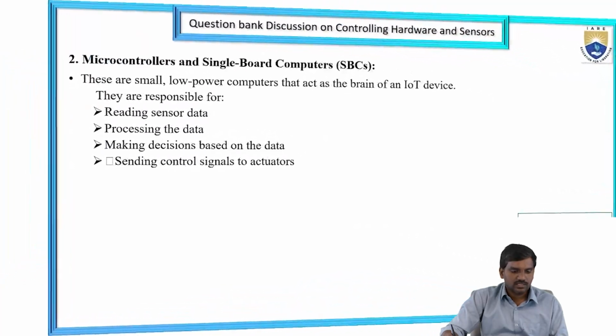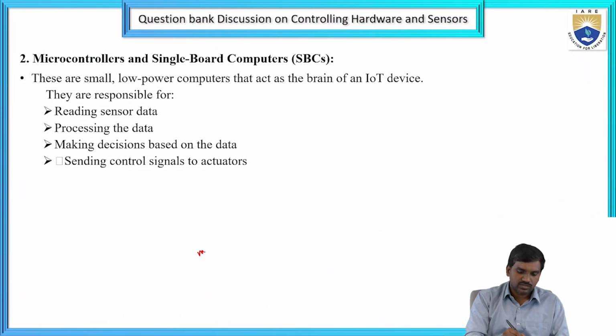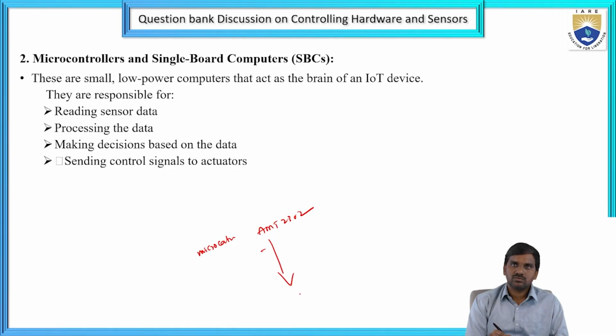The second point is microcontrollers and single board computers. Which type of microcontroller can we use, like Atmel ATmega or the different versions of microcontrollers available to develop IoT projects? These are small, low power computers that act as the brain of IoT devices.